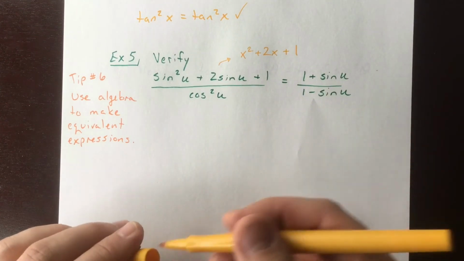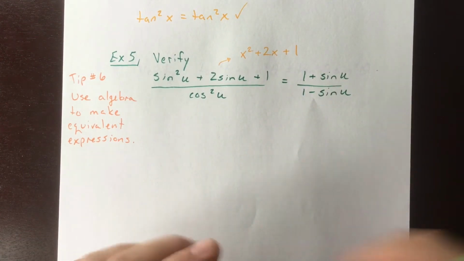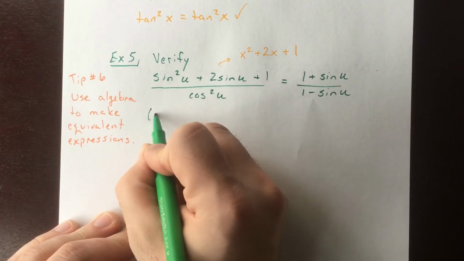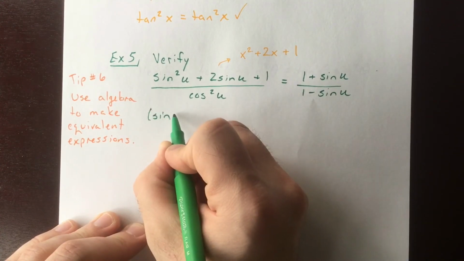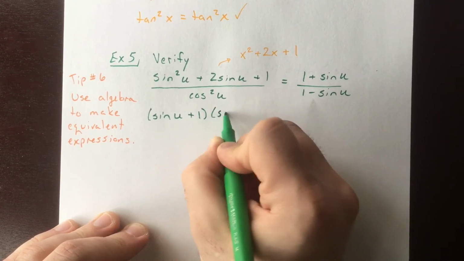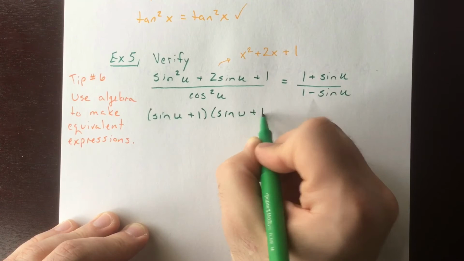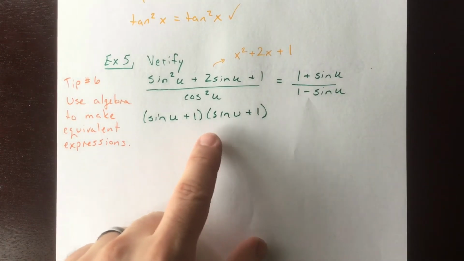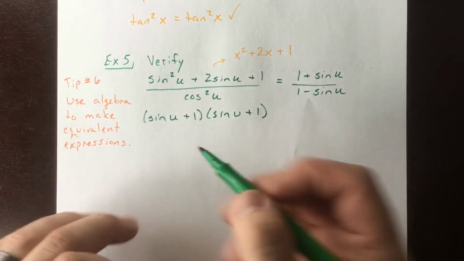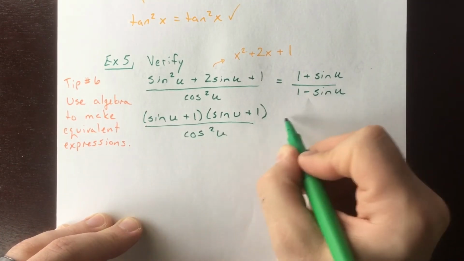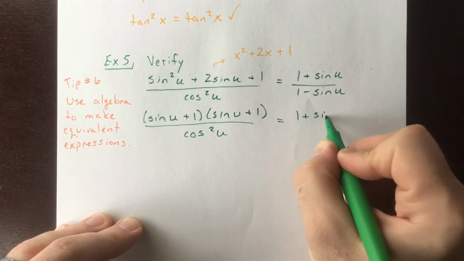And I can factor that. So factoring that with sine of u is sine of u plus 1 multiplied by sine of u plus 1. Okay, and then also, let's do this just step by step. I was about to skip a step here. That's not good for verifying.